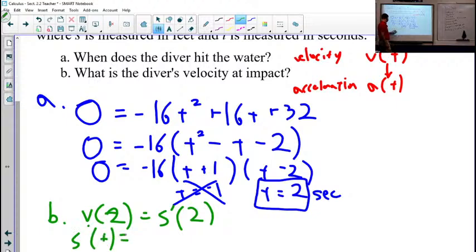S prime of t is going to be, derivative of negative 16t squared is going to be negative 32t. Plus derivative of 16t is 16. Plus derivative of 32 is 0.